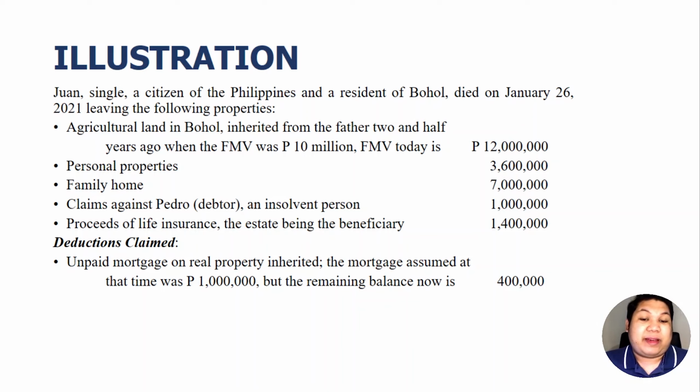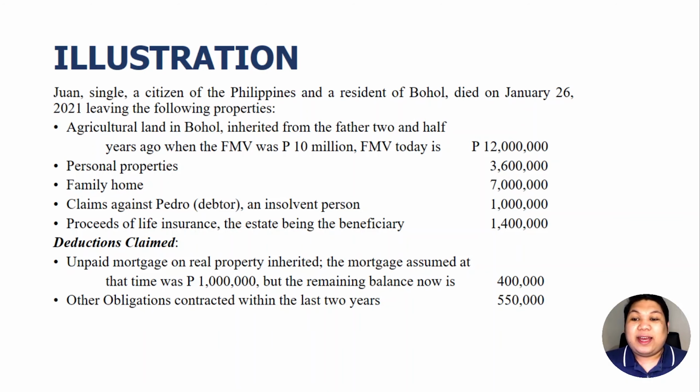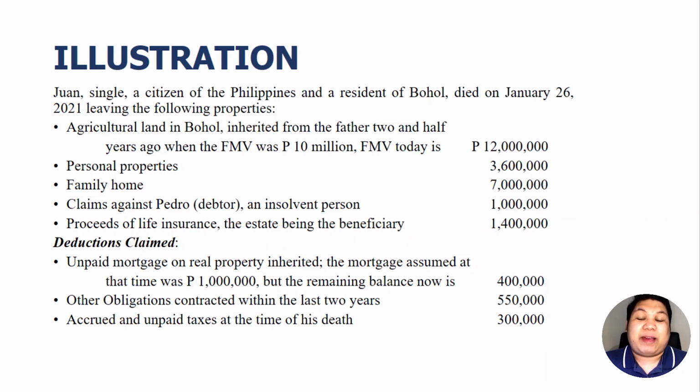But today, the remaining balance at the time of his death is now only 400,000. Therefore, there was already a payment by Juan amounting to 600,000 pesos. And we also have other obligations contracted within the last 2 years, which is 550,000, and accrued and unpaid taxes at the time of his death, which is 300,000 pesos.